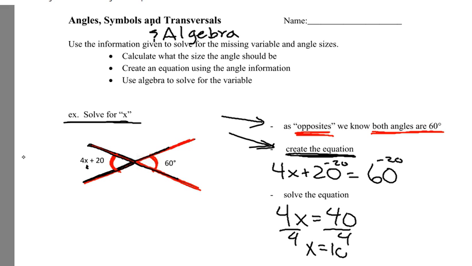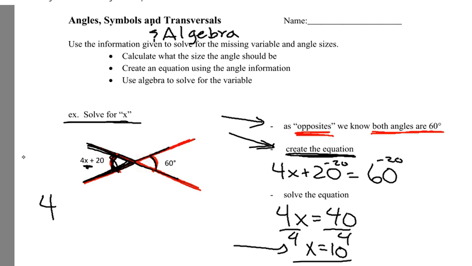So x equals 10. Now, here's where you have to be careful, because I've had students in the past say, well, we just said that this angle has to be 60 degrees, but you're telling me it's 10. I'm not telling you it's 10. I'm telling you x is 10.